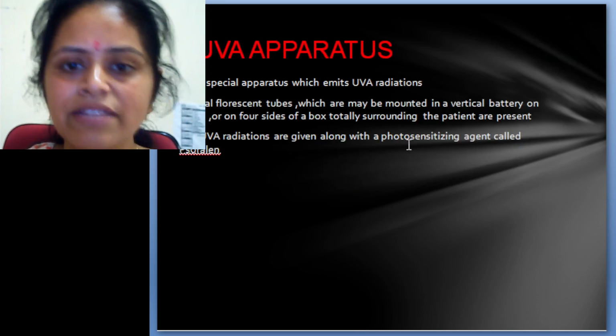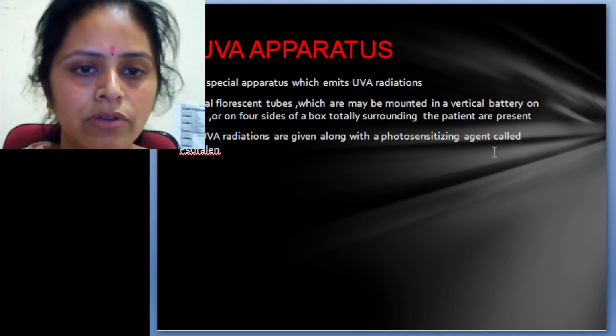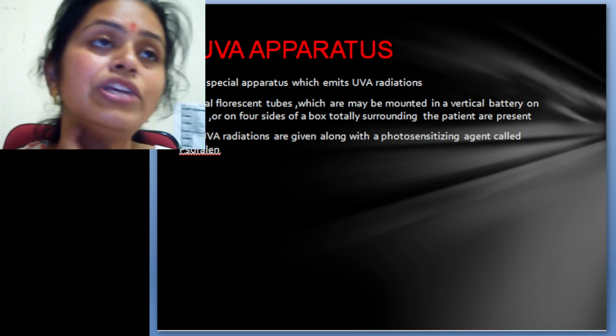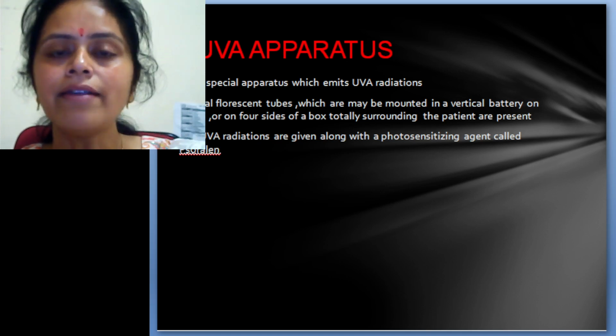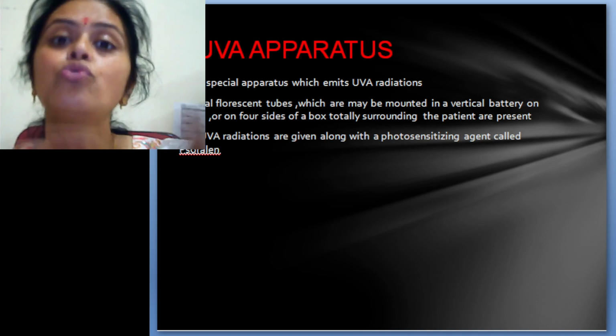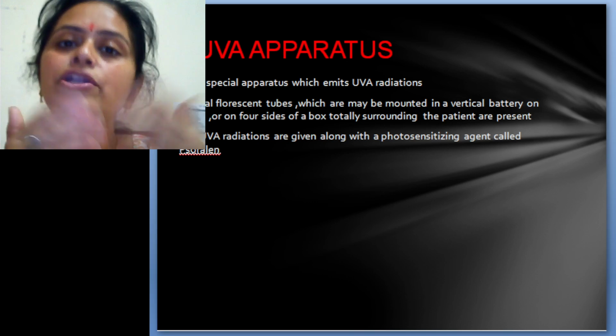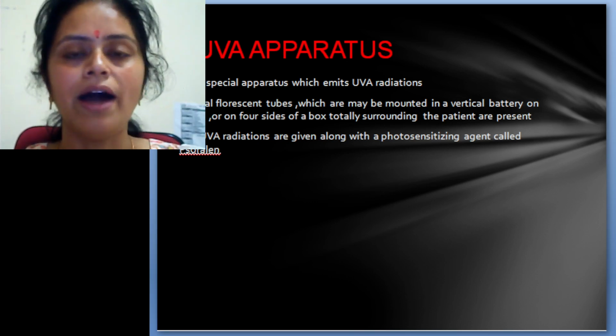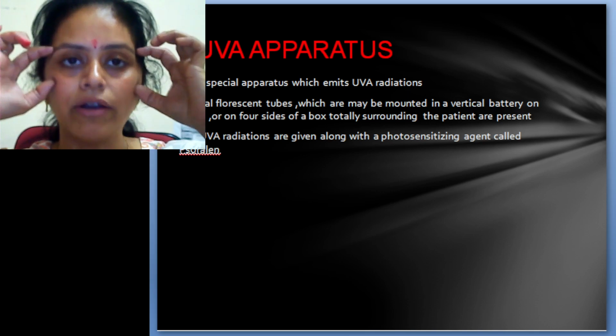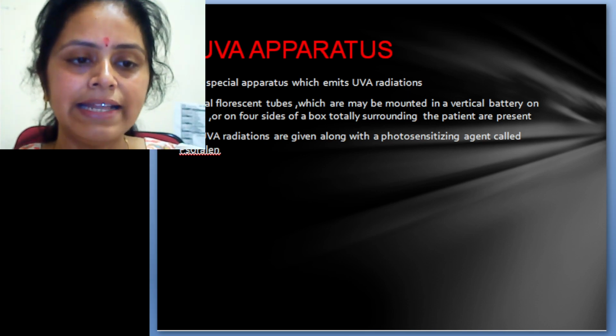So these are the photosensitizing agents called psoralen, which is used as a lotion. Prior to application of UVR, like two hours before, the patient needs to apply the psoralen on the body, exposing the part, and then wear goggles and stand in this chamber.